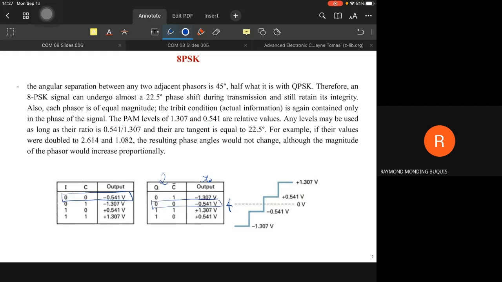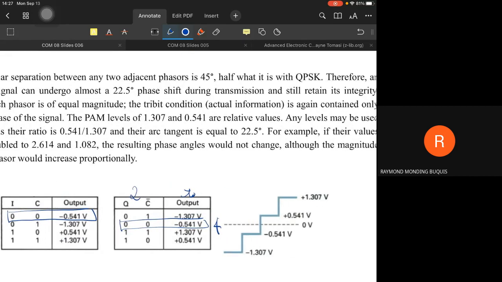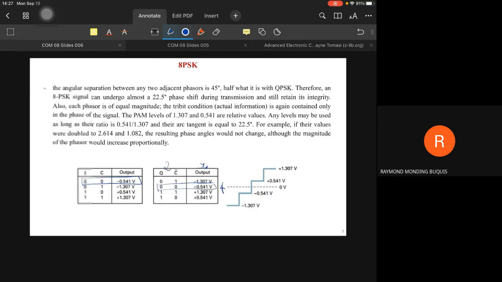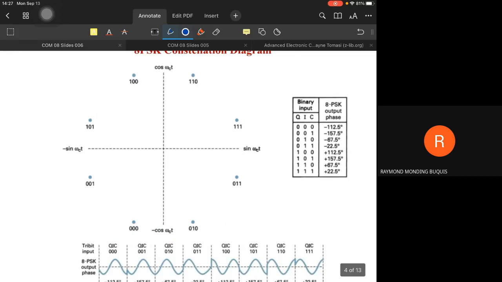Any level may be used as long as the arctangent of their ratio is 22.5. Why 22.5? That's the angle separation between each state in the constellation diagram.